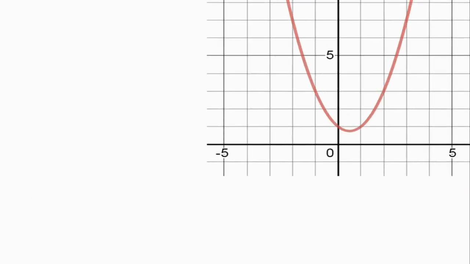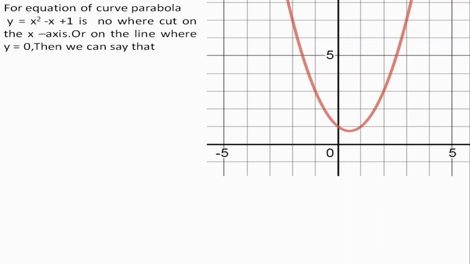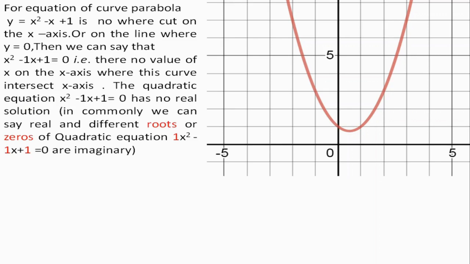Now see another curve. This curve is not intersecting the x-axis. But this is also the curve of a polynomial of degree 2. And the equation of the curve is y equal to x square minus x plus 1. This curve nowhere cuts the axis, there is no point where y equals 0. So for this curve x square minus x plus 1 equal to 0, there is no value of x where the curve intersects the x-axis.